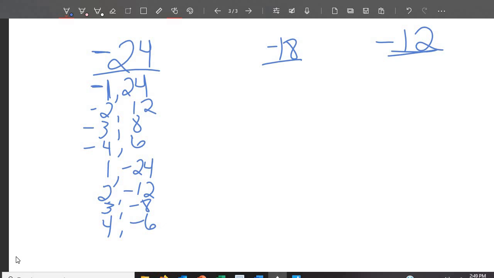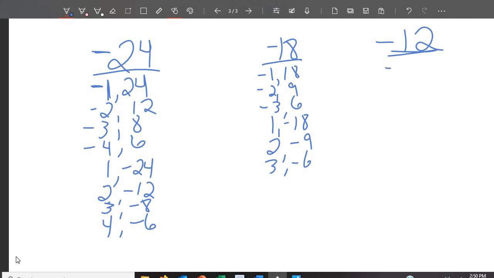Let's go ahead and list these out. -1, 18. -2, +9. -3, +6. Then we turn around and list them with negative signs on the second number. All of these pairs multiply out to be -18.